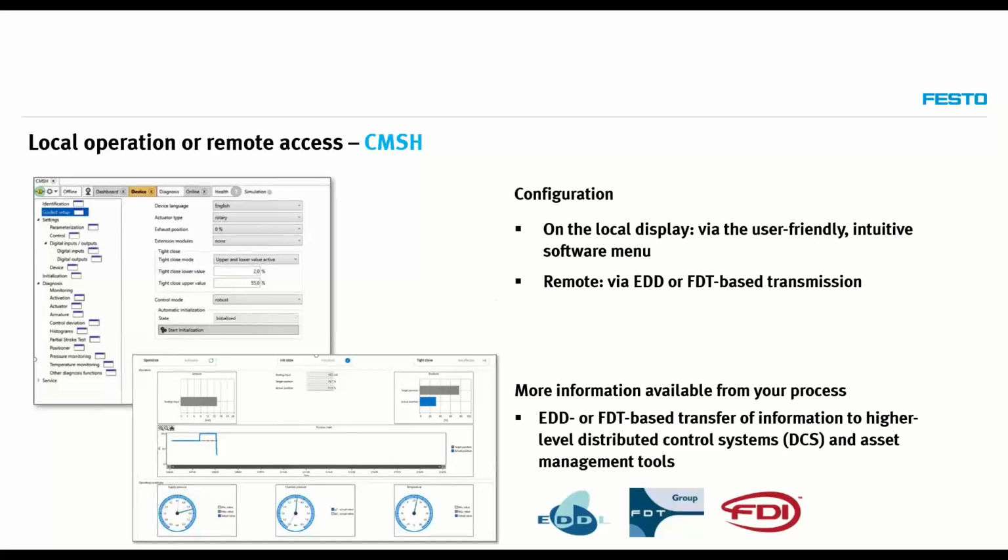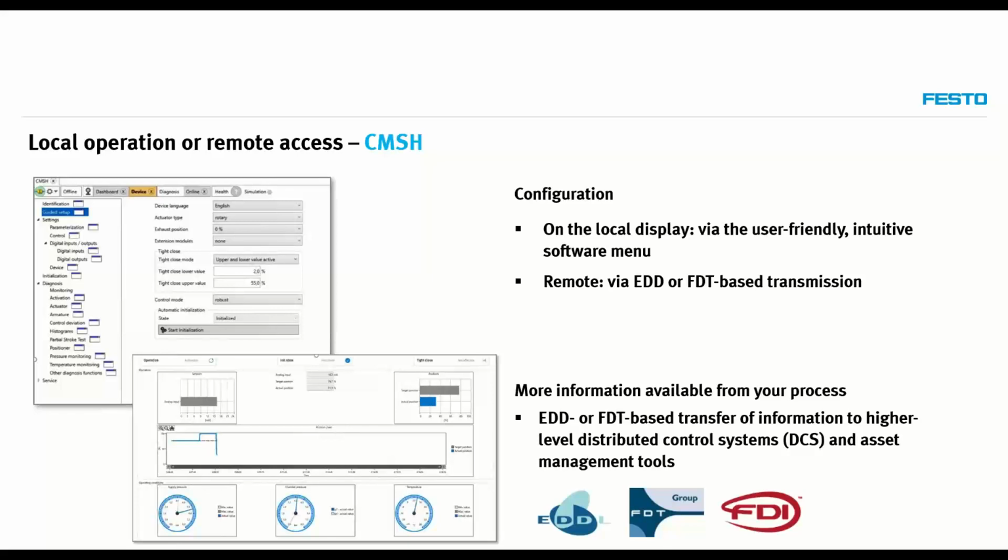Moving on to commissioning and configuration. Commissioning and configuration can be done on the local display itself, which we saw in the previous slide, using the user-friendly software menu, or via remote access using EDD-based or FDT-based tools.